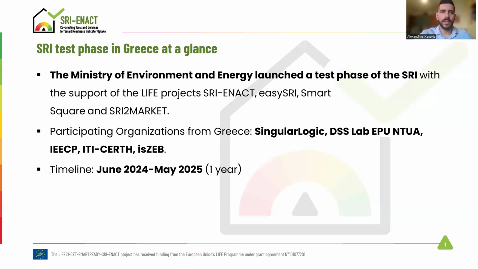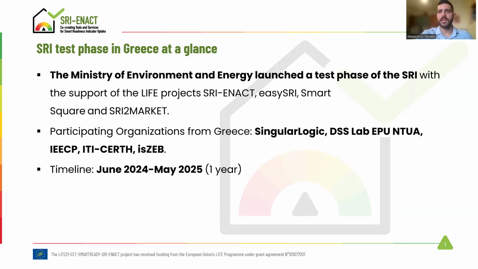To begin with, let's have a look at the SRI test phase at a glance. The Institute of the Ministry of Environment and Energy has launched a test phase of the SRI with the support of the four projects SRI-ENACT, Easy SRI, Smart Square, and SRI to Market. These are the EU-related projects.